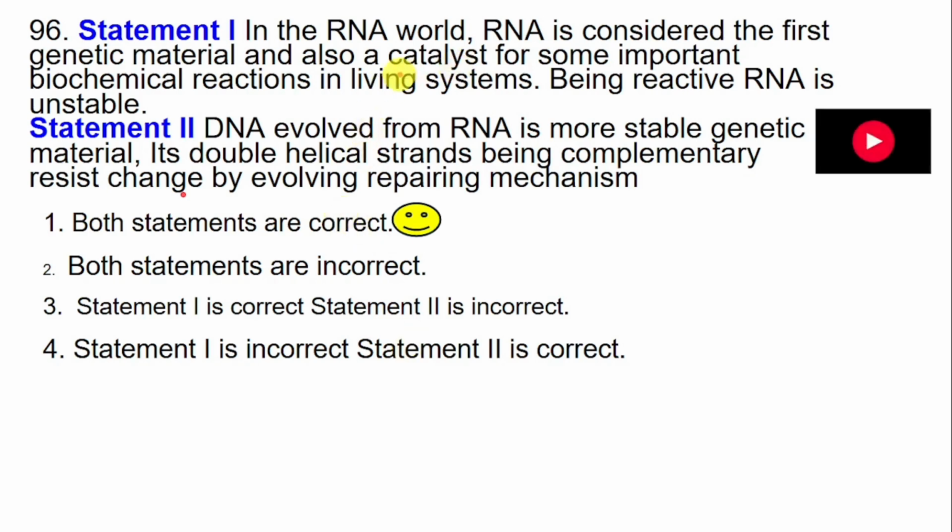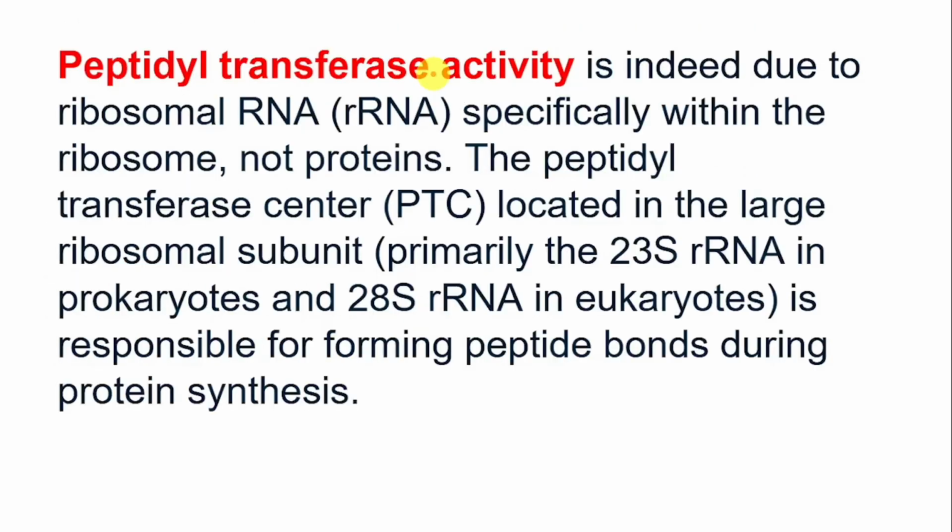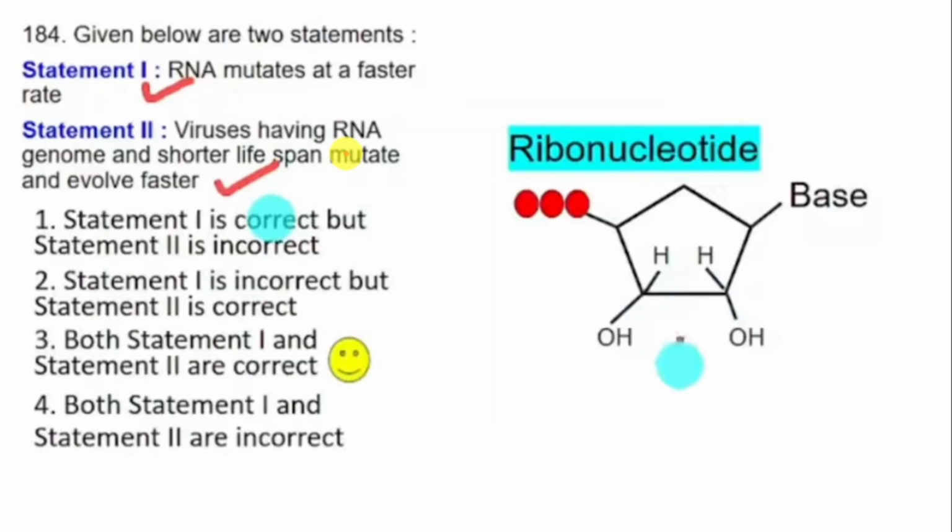To understand the catalytic activity of RNA, focus on peptidyl transferase activity, which is part of the translation process. Here all the amino acids are linked together by peptide bonds by the enzyme activity of rRNA. The rRNA present in the ribosomes plays an important role and has peptidyl transferase activity. So this proves that RNA has enzyme activity.